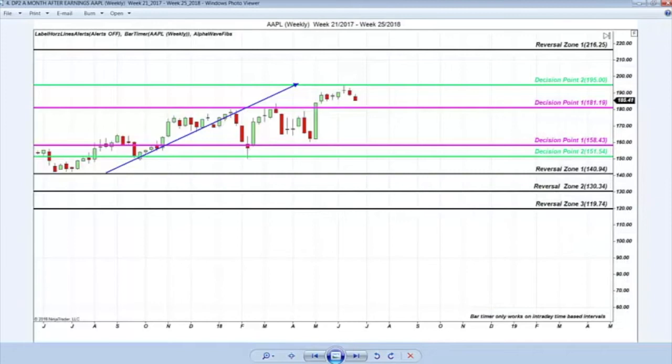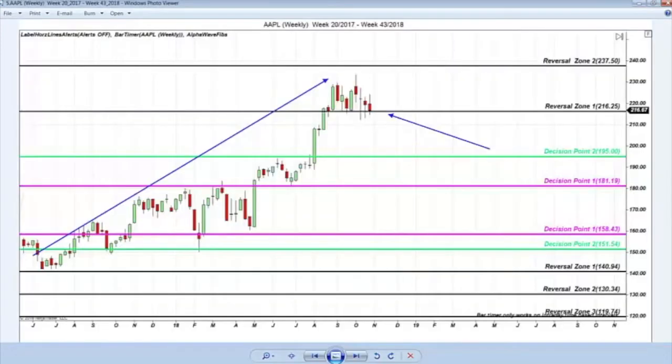But first Apple reached bright green line, key Fibonacci target, always in advance, never after. When Apple danced in correction for a while at reversal zone, finally collapsing, despite stunning earnings.